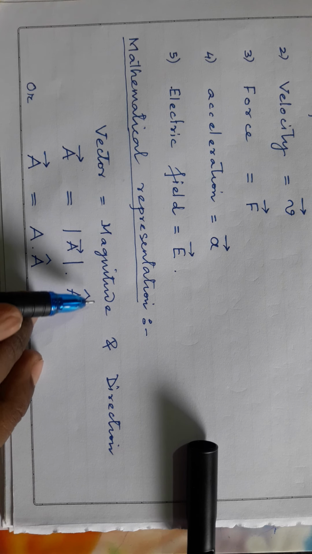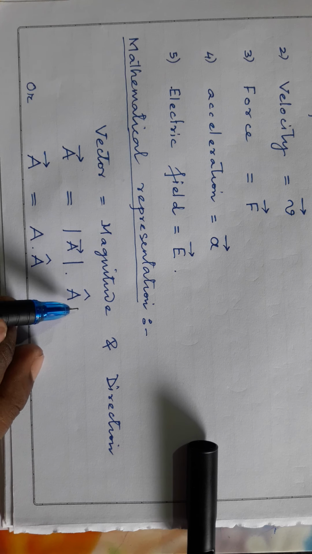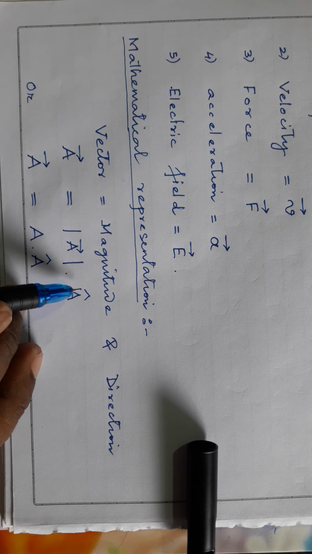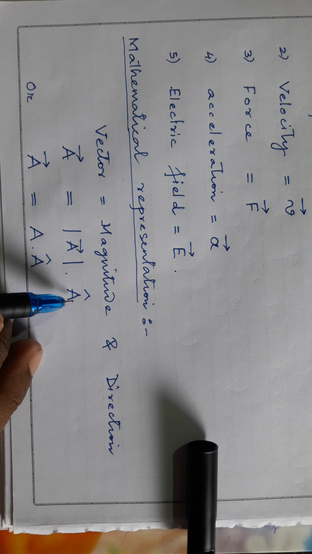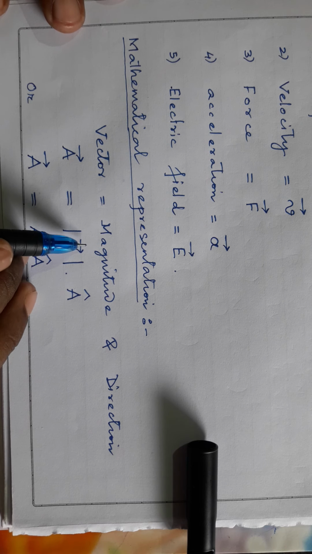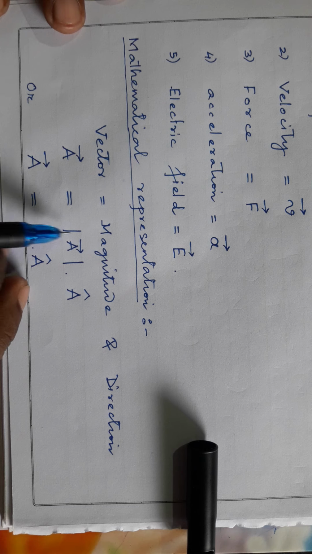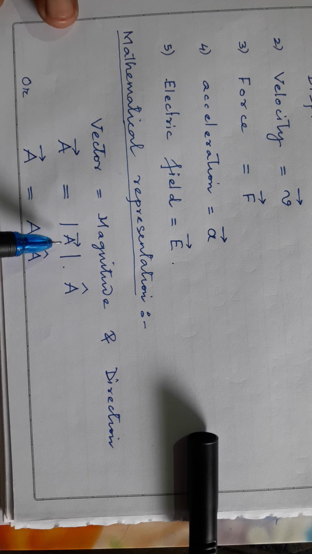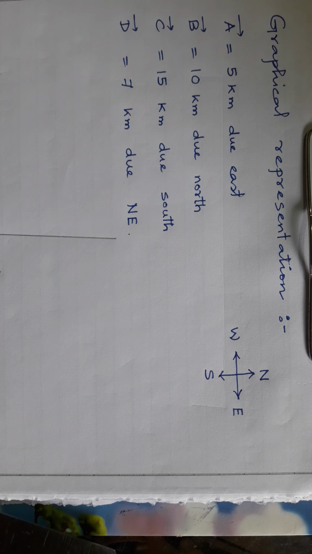We will discuss in details later. How to read? A cap, unit vector. It gives direction, and modulus of A vector or simply A gives magnitude. In this example we have discussed 10 meter is the magnitude and east is the direction.